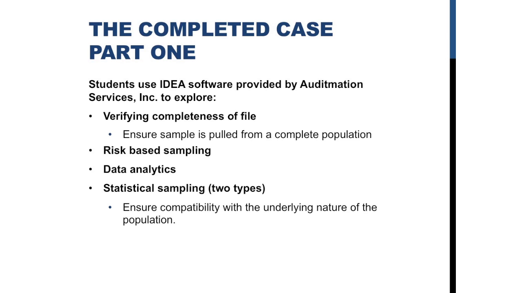And what they were trying to do in completing these statistical samples is to ensure that the method they selected was compatible with the underlying nature of the population. So for instance, monetary unit sampling, the way it works, very briefly, is that it really is only good for testing risk of overstatement. So a company putting too many receivables on their financial statements or on their general ledger.